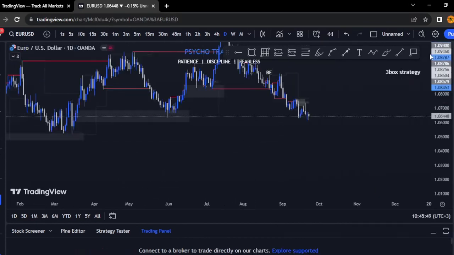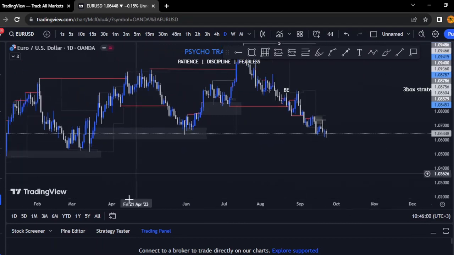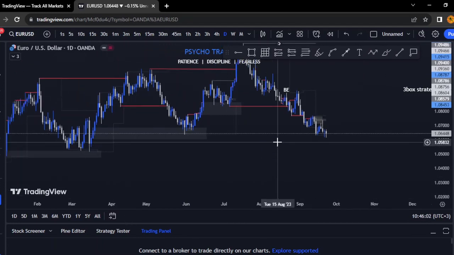Let me run you down on Euro USD, because in the previous times I've been trading Euro USD more, but it broke down, so we are looking for shorts. In this scenario, you have to merge the conditions of the market with the criteria.